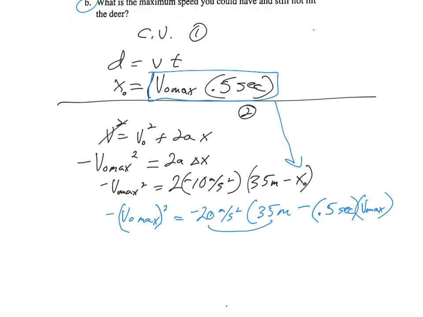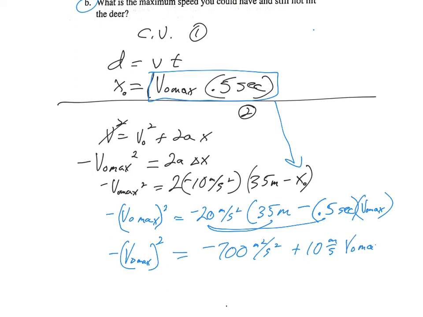I'm going to distribute, and I believe this is negative 700 meters squared per seconds squared. I still have my negative VO max out here. And then I have to distribute over there, which would be plus 10 meters per second VO max. Is this crazy or is this crazy? This is totally crazy. All right, let's set this up like a quadratic equation.